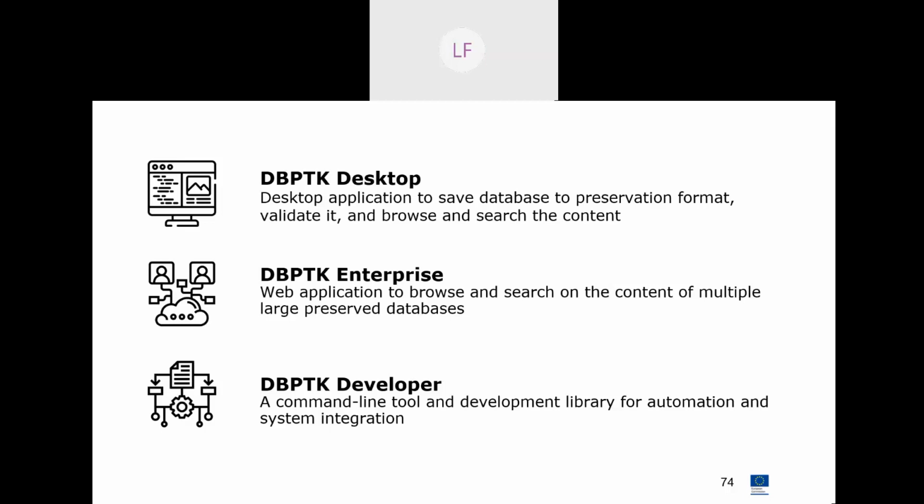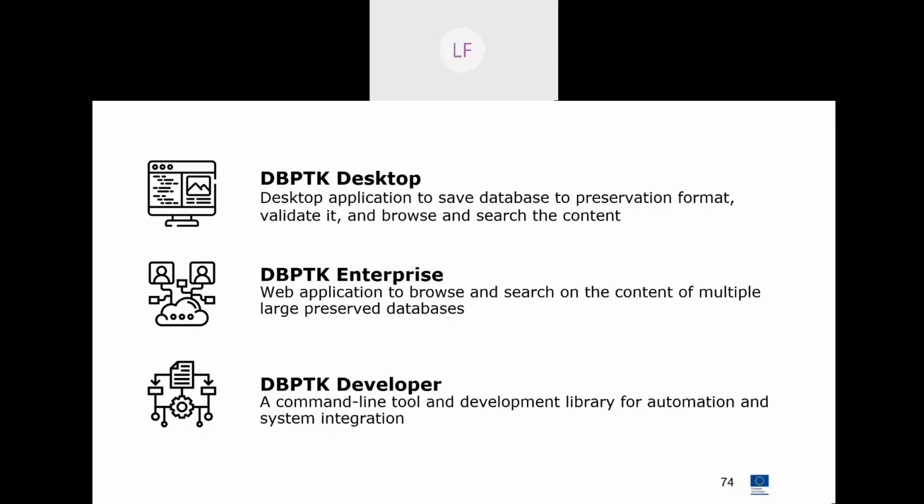The first one is the Database Preservation Toolkit Desktop, which is a desktop application to save the database to a preservation format. It also allows you to validate it, and it has some, albeit a bit limited, browse and search content features, limited in terms of the size of the database.